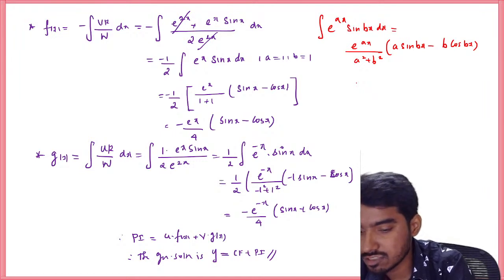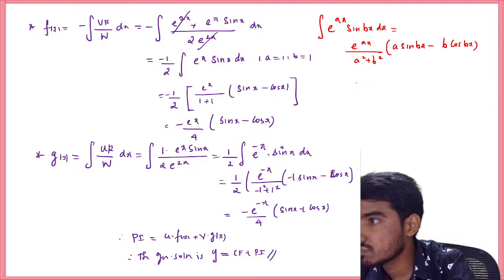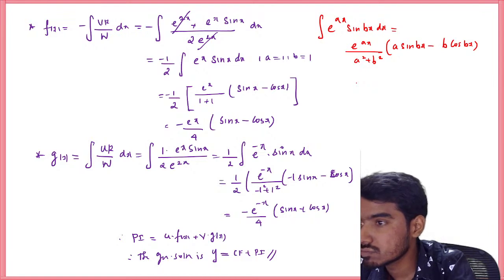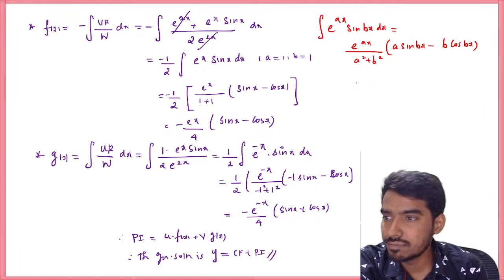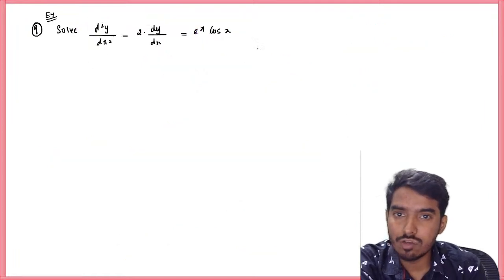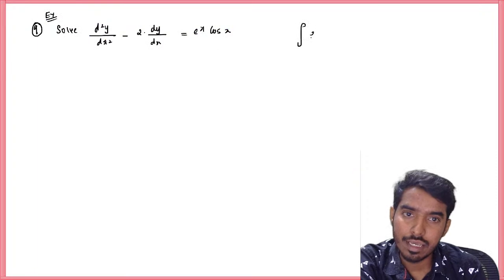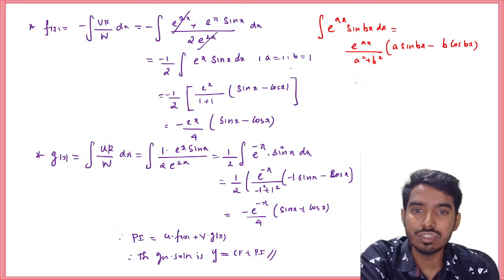E power x cos bx. Yes, I'll use the formula here. So here you will be using the formula integration of e power x cos bx, right? Here you have used this formula, right?